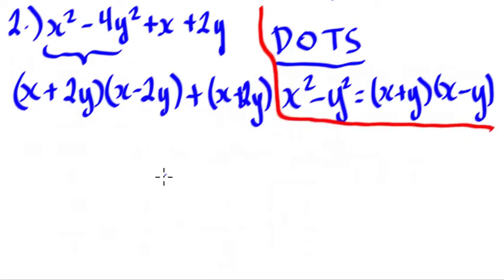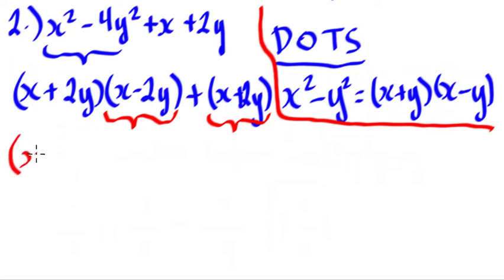Now I think you can imagine that we have a common group. You can see this one is x plus 2y, and this one is also x plus 2y. So we're going to take that out of both of them. Let me write that in the red pen.